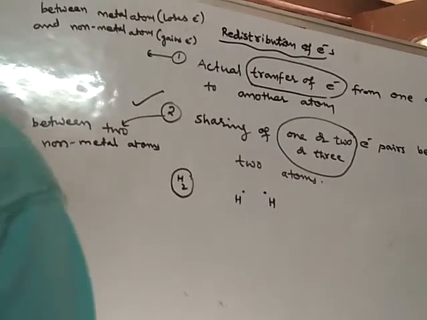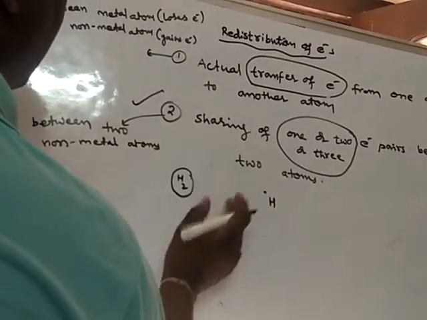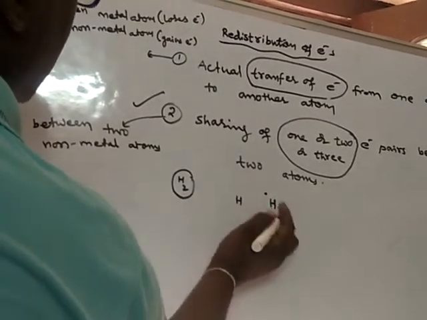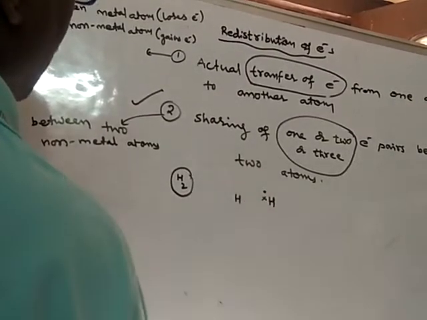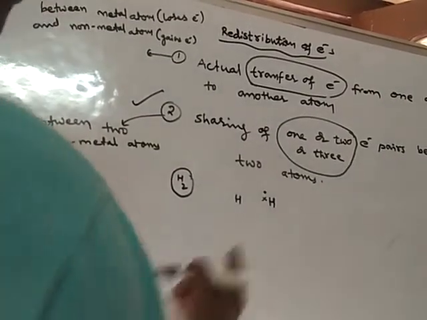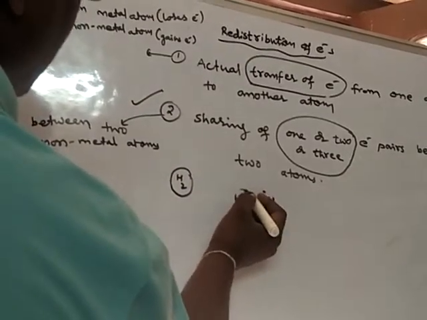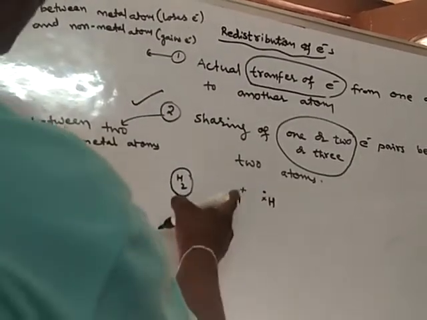Okay. So in this case, suppose it transfers its electron completely to this atom. Now this atom will get duplet configuration and become stable. Then what happens to this atom? This atom becomes unstable because of positive charge.